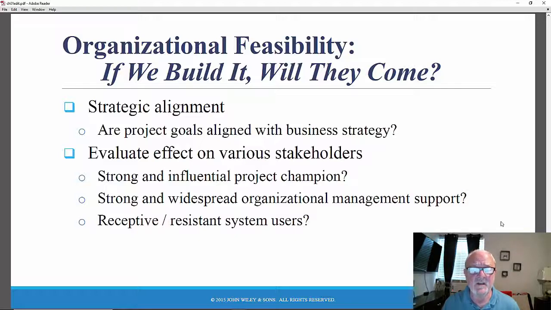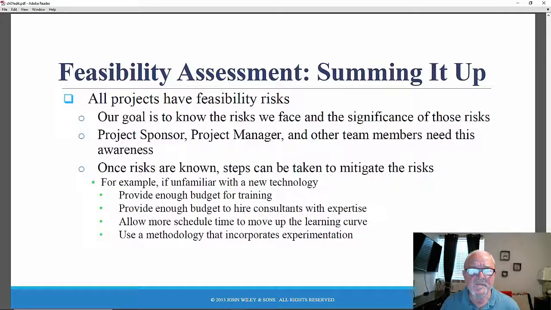So, summing it up, feasibility analysis is meant to arrive at some sort of objective and subjective assessment of whether it will work or not.